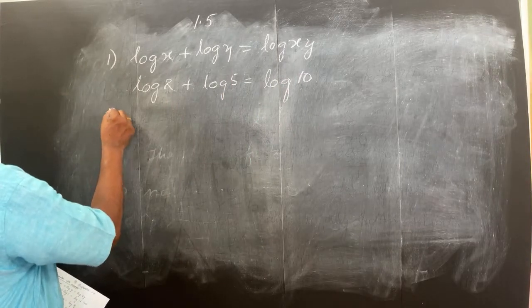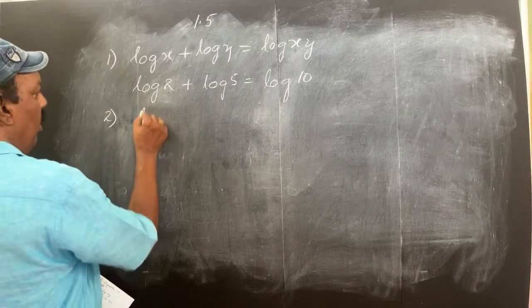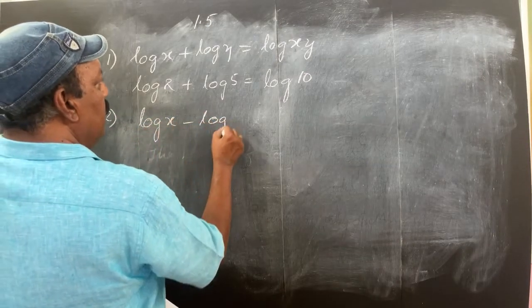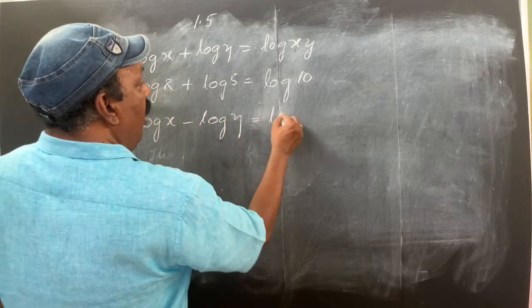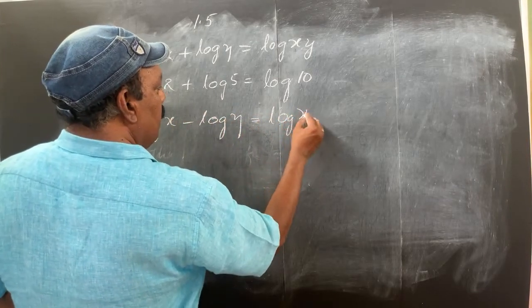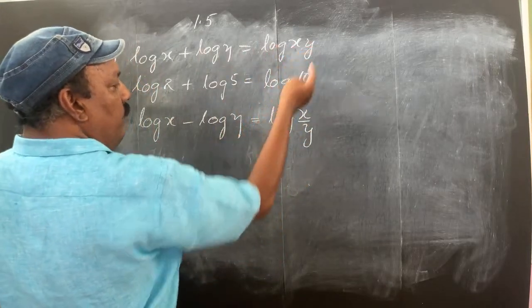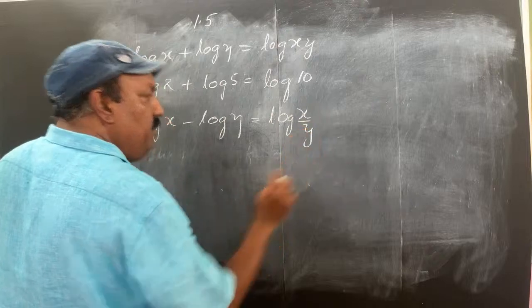Now comes logarithm formula number 2. Log x minus log y is equal to log x by y. You can see here, the first formula is log x into y, the second formula is log x by y.